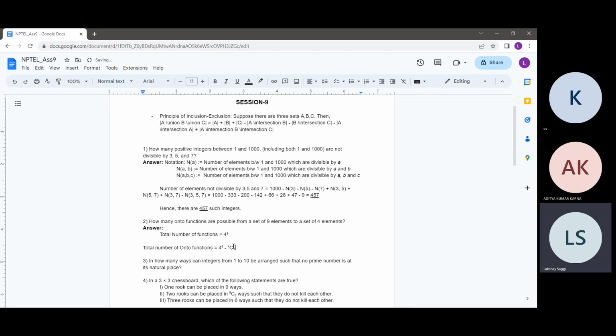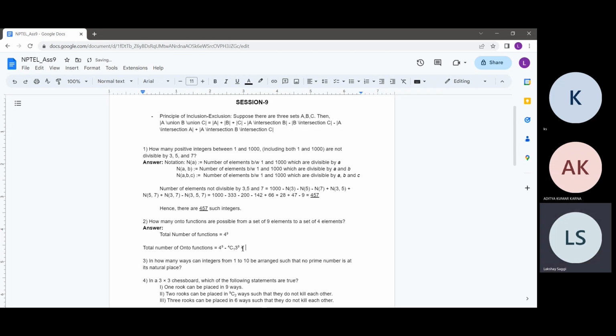And when that element is not mapped, these 9 elements can then be mapped to the remaining 3 elements. So each of these 9 elements will now have only 3 choices. So this will come out to 3 to the power 9.